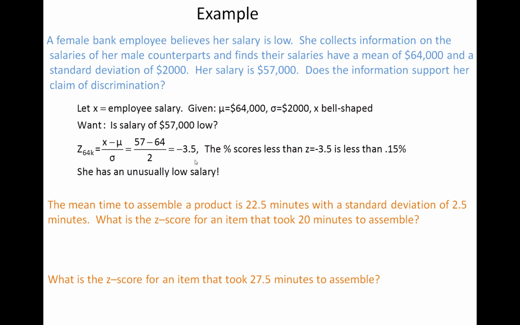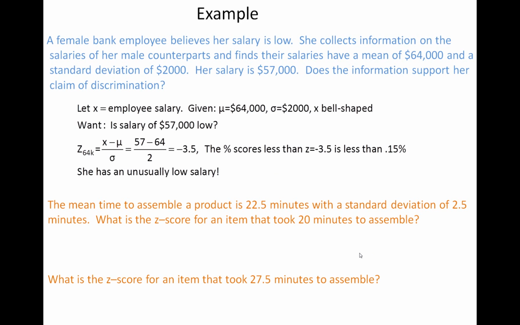That's a really unusual value. In bell-shaped data, that would mean her salary is more than 3 standard deviations below the mean. So that's unusually low. So if the assumptions here are true, then that's a very strong case that her salary is low compared to the other salaries. It's less than 1% chance that she should have a salary like that. So that is very, very unusually low.